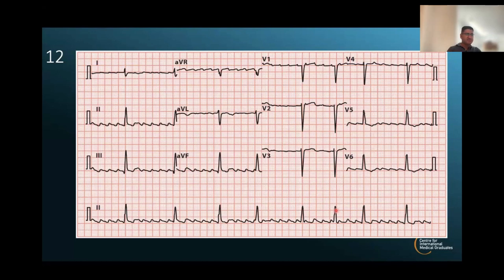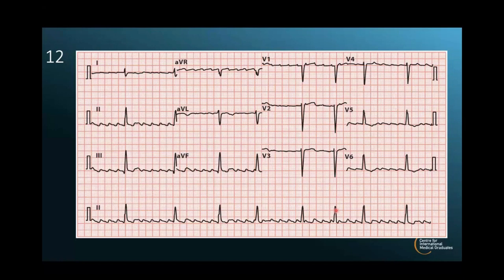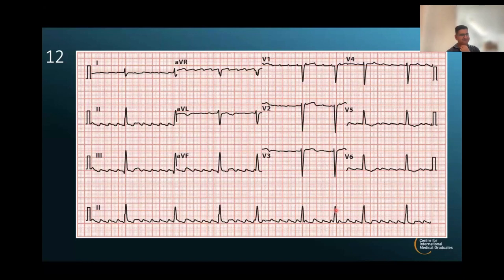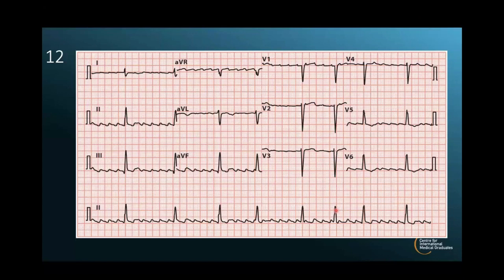What are your treatment principles here? And I'll refer back to the story, 24-hour history of palpitations. So if you're confident in that timing, I'm not certain, but I think you'd treat it in the same way as atrial fibrillation.